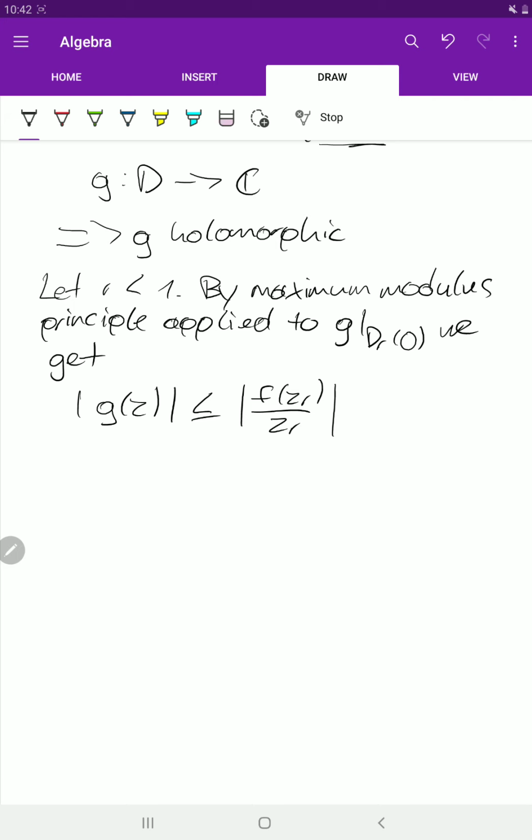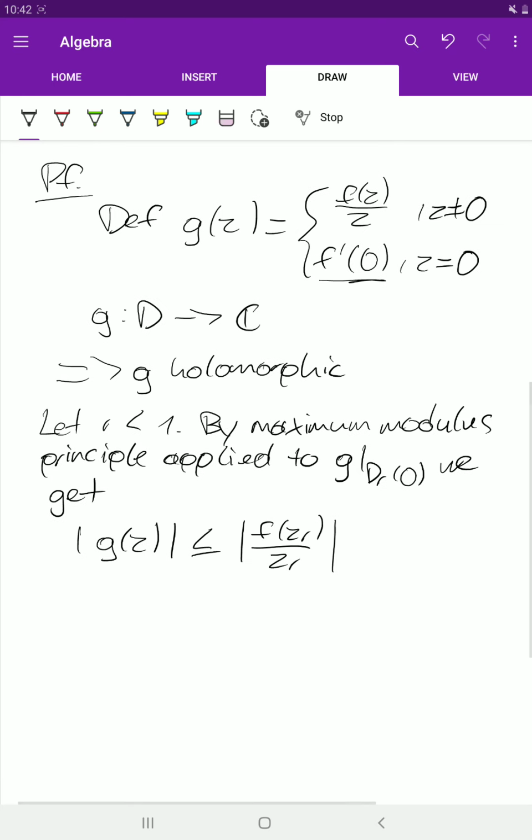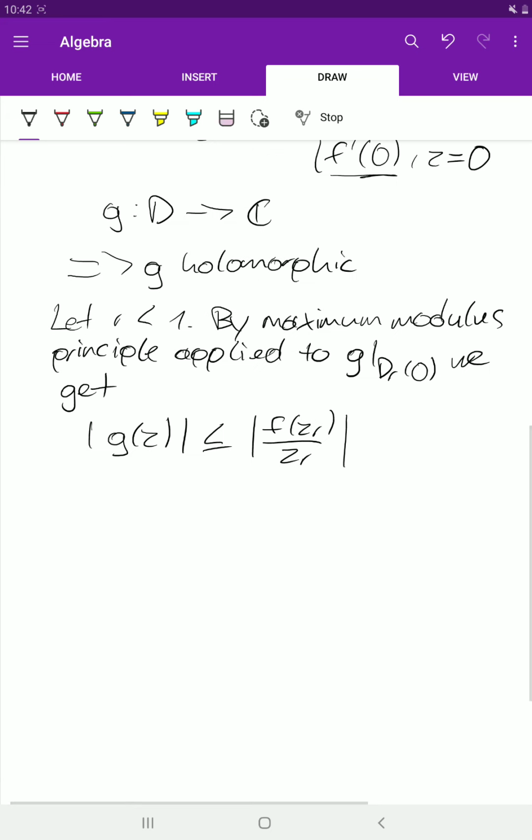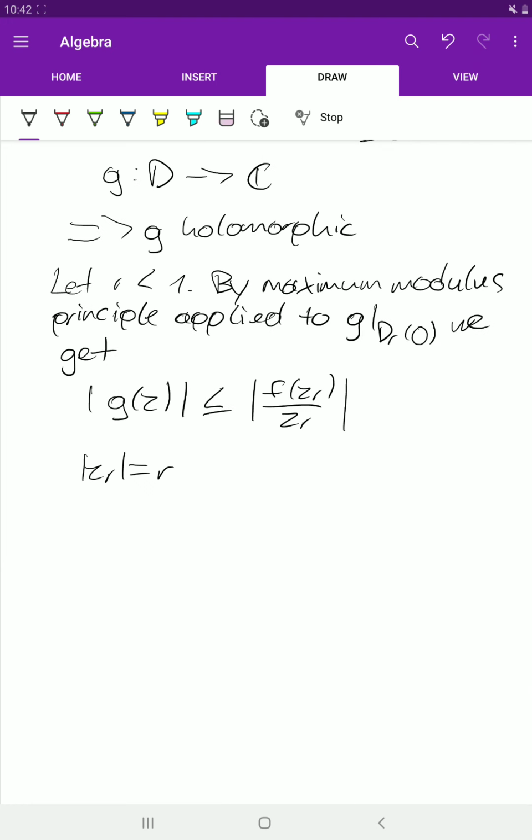So what do I mean by that? The maximum modulus principle tells us that the maximum can only be at the boundary. So z_r has modulus r, and that's why we use this z_r.